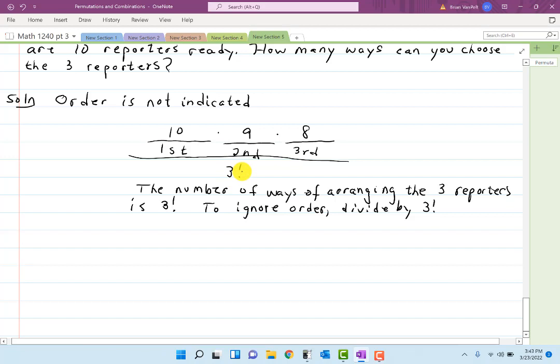So what I'm really getting is 10 times 9 times 8 divided by 3 factorial. So in this case, we have 720 divided by 6. Now we only have 120 ways of choosing the 3 people. So the way to unorder them is to divide by 3 factorial.